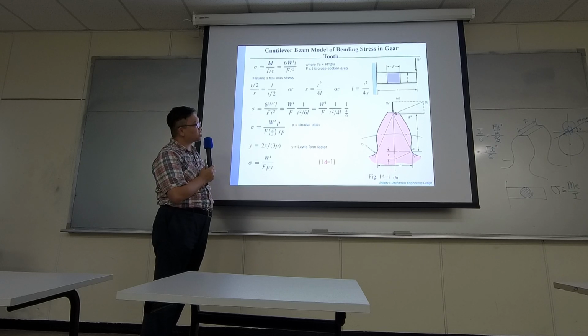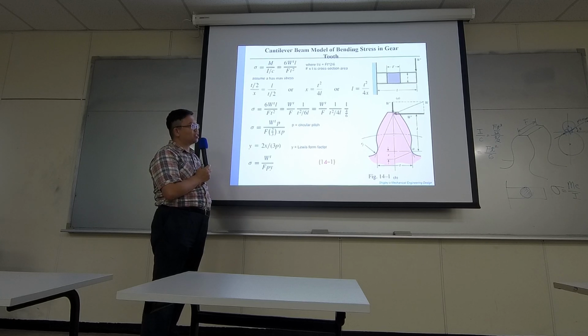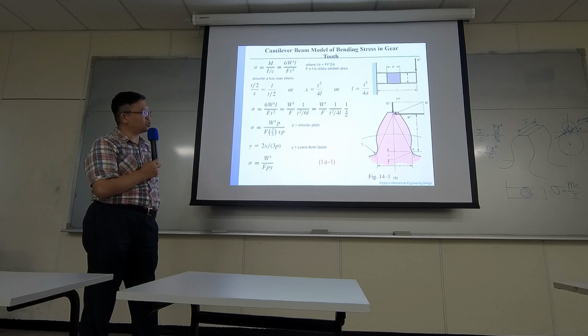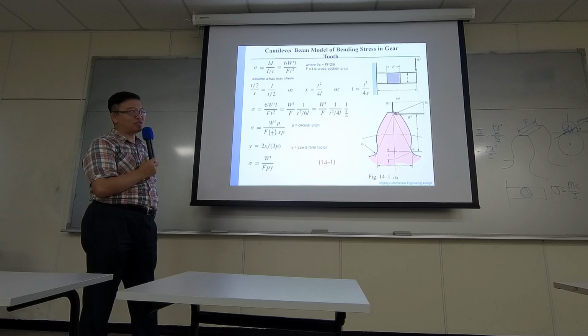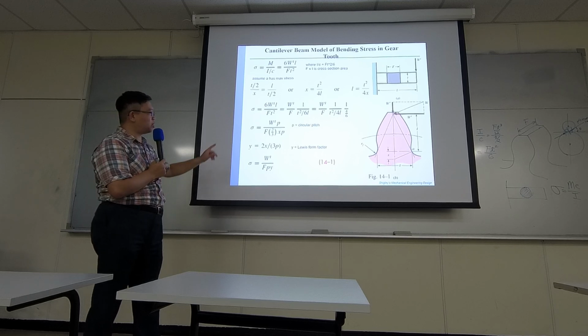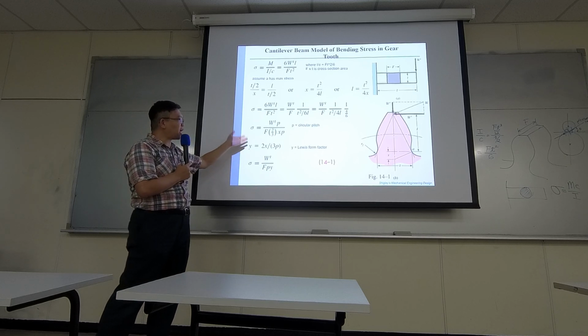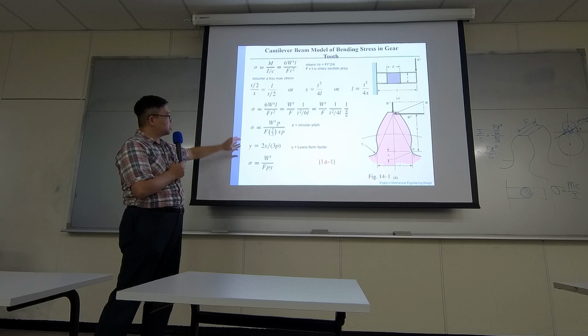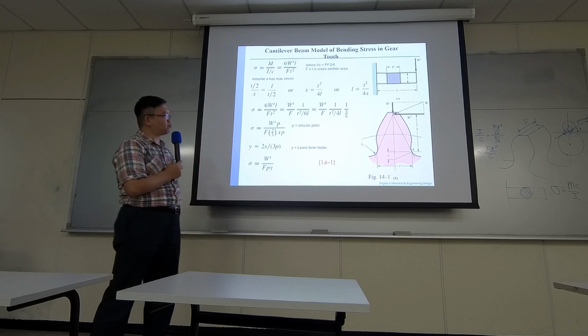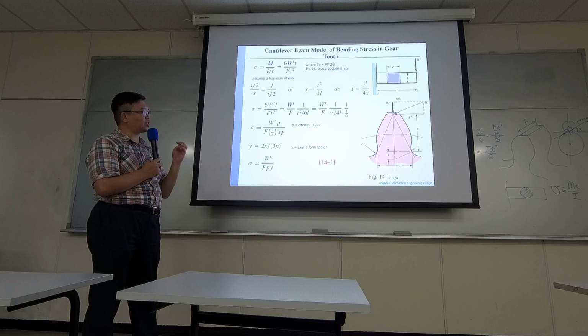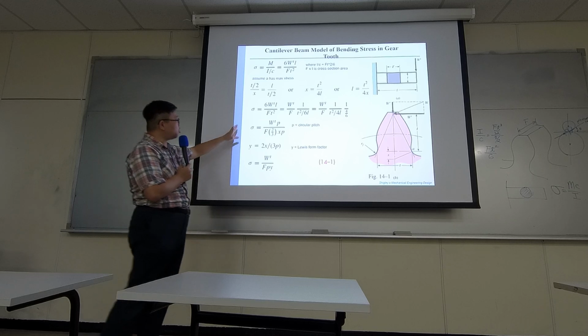So what's the benefit of this? The advantage is that you don't really need to measure L and T anymore. You will be designing the gears with this Lewis form factor. It's like a dimensionless factor that represents the geometry.